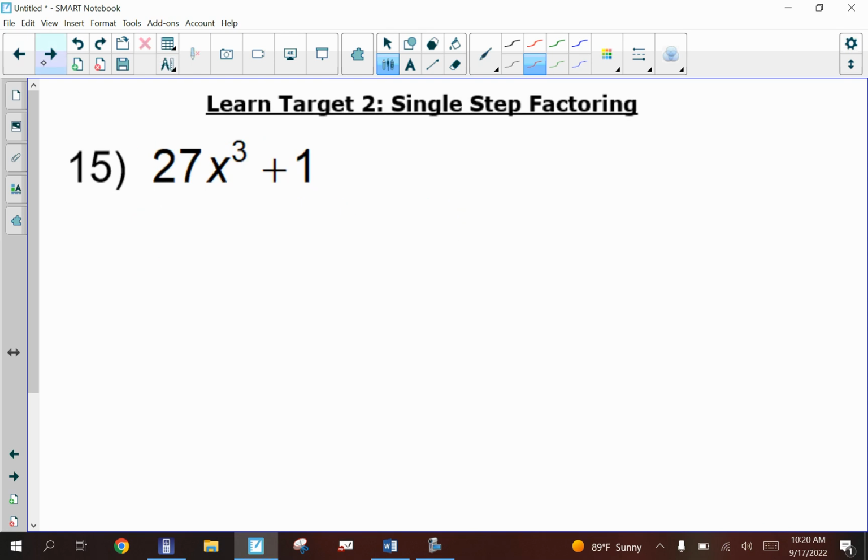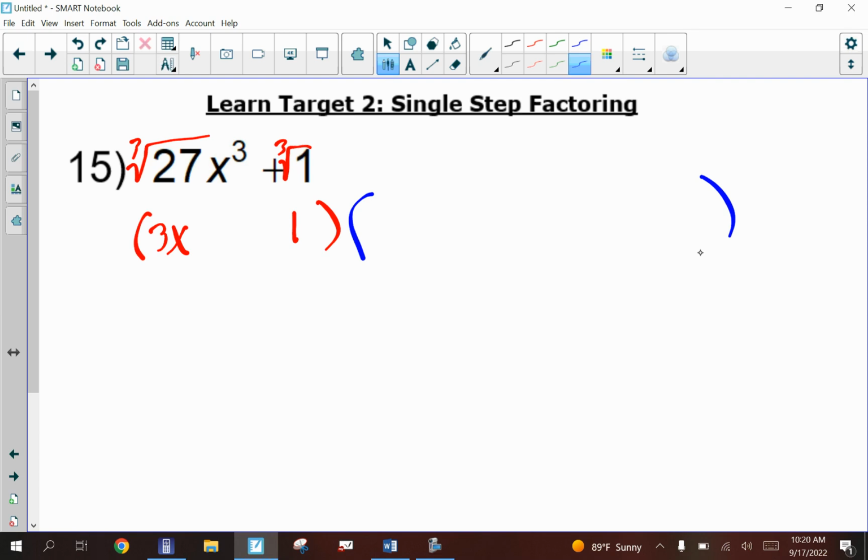Okay, number 15. Number 15 has a cube, so this is going to be a cubes problem. Now, a cubes problem is a little different. We're going to have to cube root everything, so that's going to be 3x, and then the cube root of 1 is just going to give us 1. Now, the way this works is this one's going to be a much bigger answer over here on the right. It's going to have 3 terms.